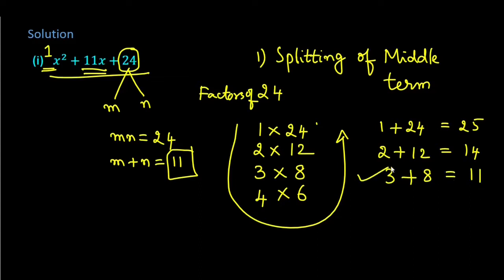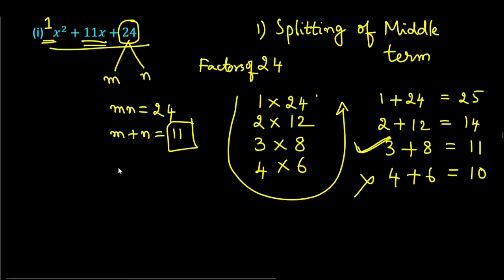So this is the right choice of factors. Let us check the other one also. 4 plus 6 is 10. So this is not the right choice. 3 and 8 are the factors whose product is 24 and whose sum is 11.